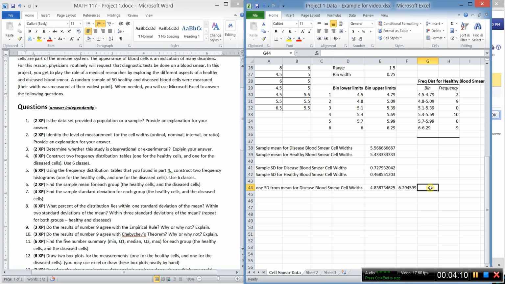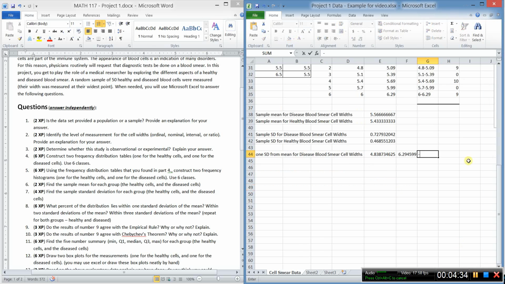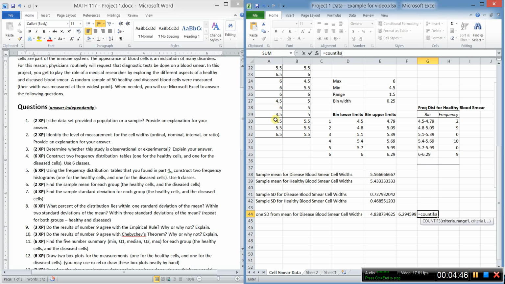Then we can use the function COUNTIF to find the portion that is within that range. How to use COUNTIF? You just type equals, and then you write COUNTIF. We're going to have more than one criteria. We need it to be between both of these numbers, so we're going to use COUNTIFS. Then we'll highlight our data.